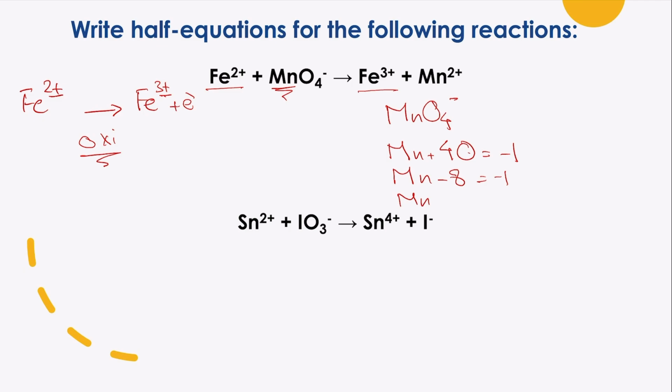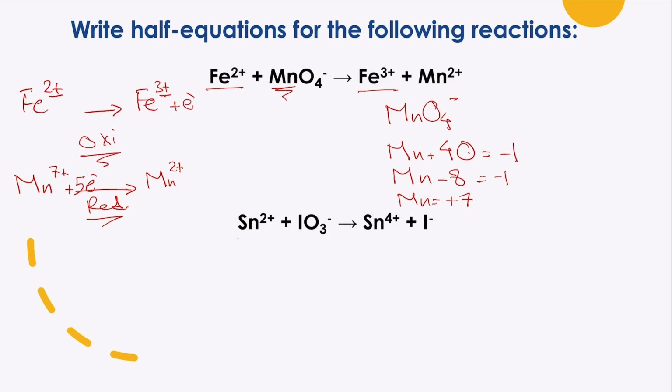So Mn is equal to plus 7. So the reduction half equation could be represented as Mn7+, it became Mn2+. And this reaction is accompanied by a gain of 5 electrons, and this is the reduction reaction.